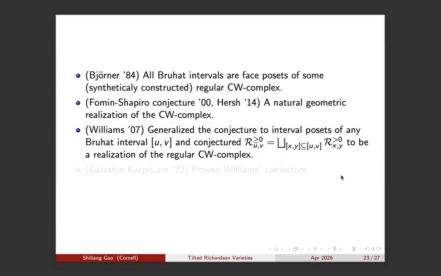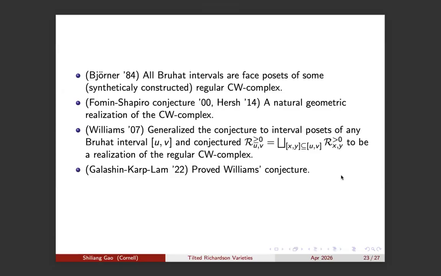So the conjecture is that this is a geometric realization of the regular CW complex.